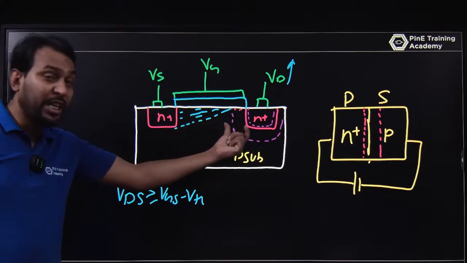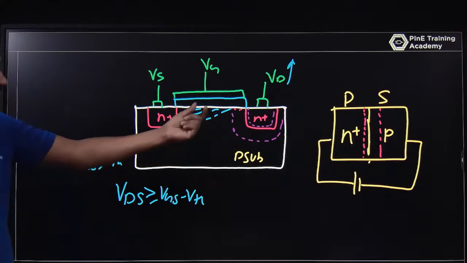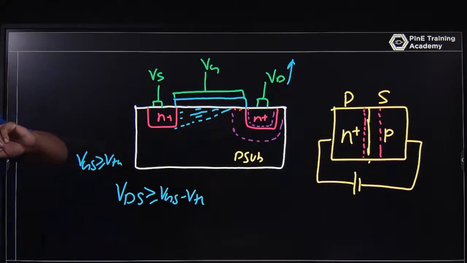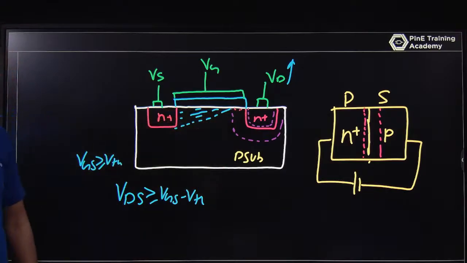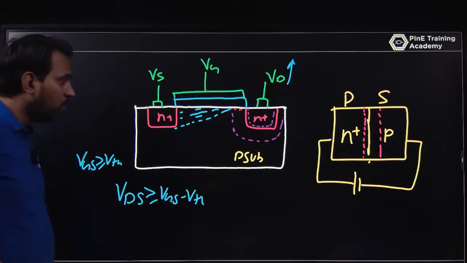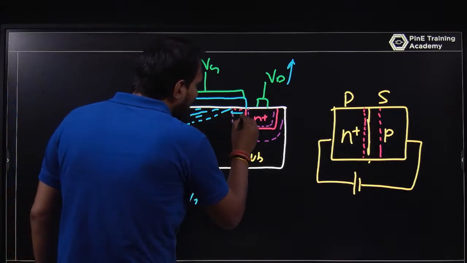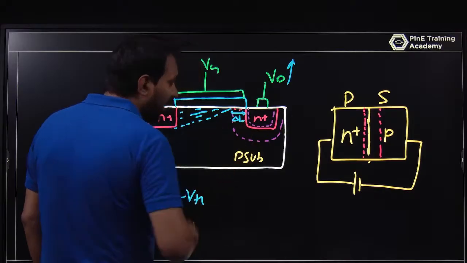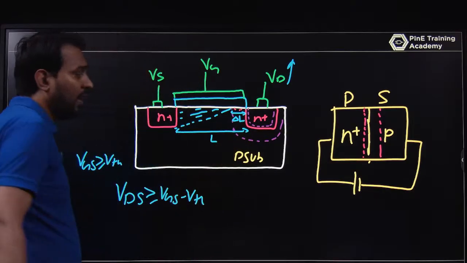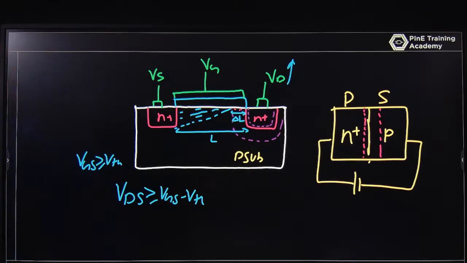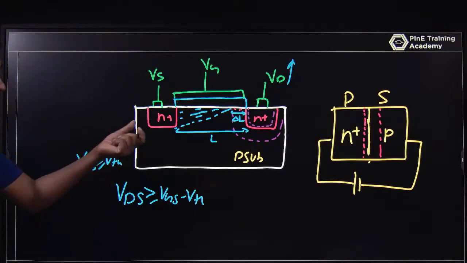Because this region is depleted, the channel will wash out. And the immobile ions are not conducting ions, they are immobile. So what will happen? This is a delta L, and this is the full L, the channel length, and the shift towards the left side will be delta L.